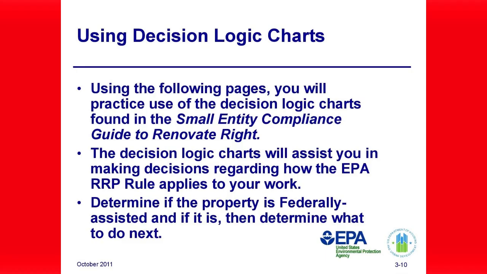The flowcharts walk you step by step through a decision tree which asks you a series of ordered yes or no questions. To use the flowcharts, begin at the top of flowchart 1. Ask yourself each question, following the yes or no answer arrows to the next appropriate question box.